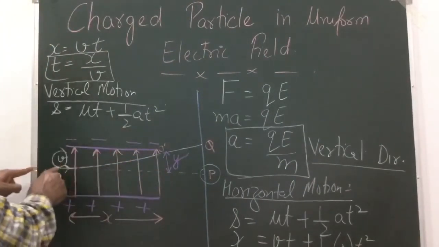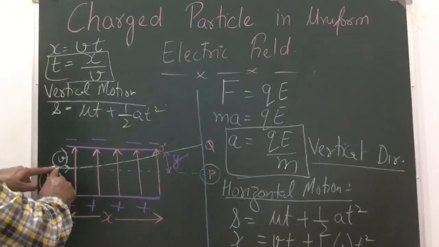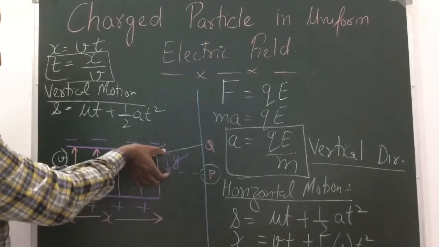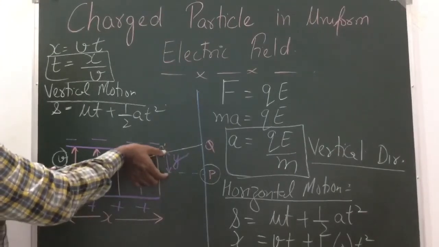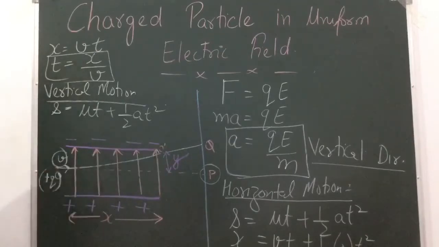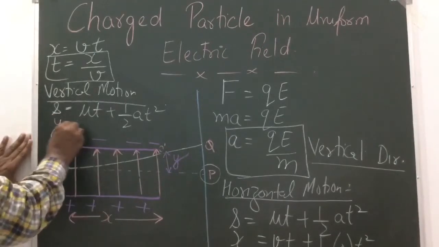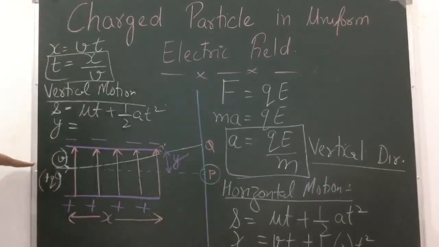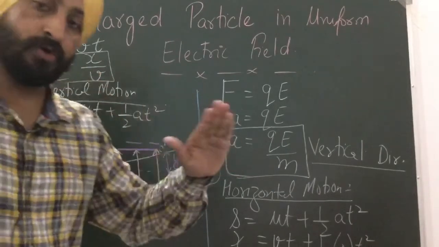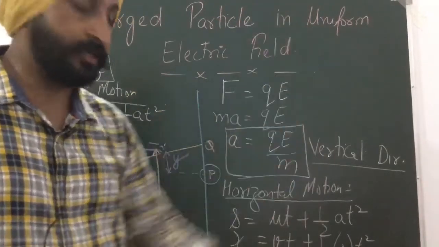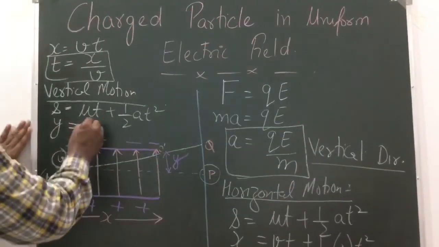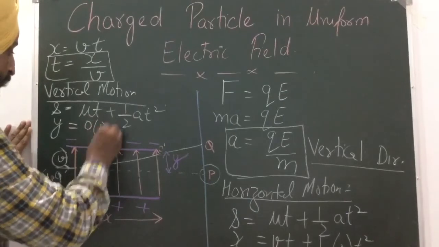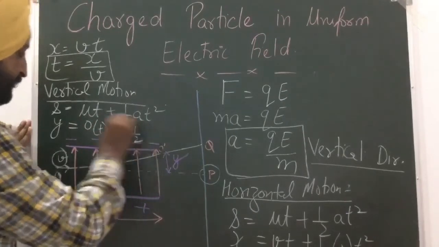Originally it was over here, and at the final time it is displaced by distance y. So I would be putting y in place of displacement. Now what is the initial velocity? Its initial velocity is in horizontal direction. There is no initial velocity in vertical direction. So I would be taking 0 over here, 0 into t, plus half as it is.